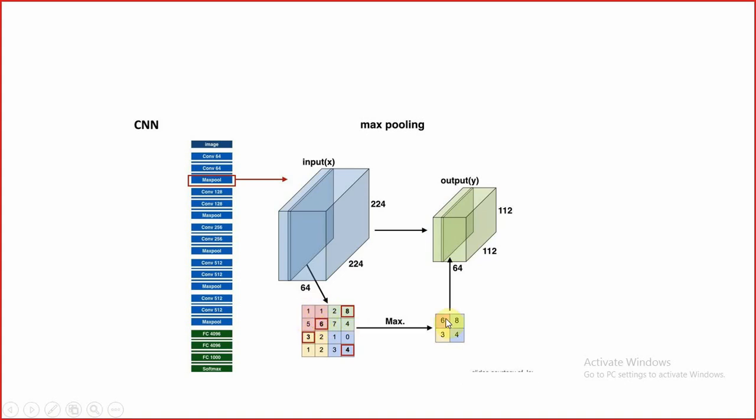Between these 4 numbers, we select 6, in this part we select 8, this part we select 3, and from this blue part we select 4. So by applying this max pooling, these extracted features, which are 224 by 224 by 64, are now converted to 112 by 112 by 64. We didn't change the depth. The depth is the number of features, but the size of the feature map is reduced. 64 features now with the size of 112 by 112.